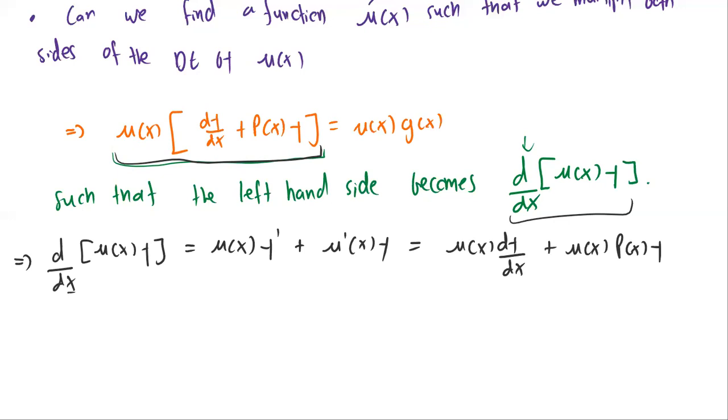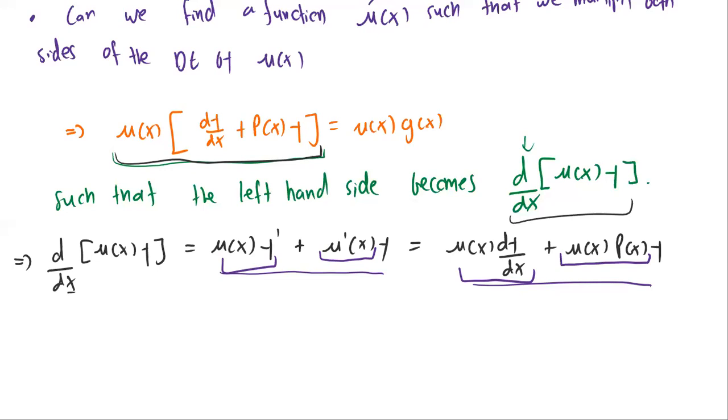So we're trying to find a function mu that makes this true. Now let's take a look at these two things. In order for them to be equal, what has to happen? The first term is already equal to this term, so that's fine. The only other thing we need is for whatever is in front of the y on this side to be equal to whatever is in front of the y on this side.